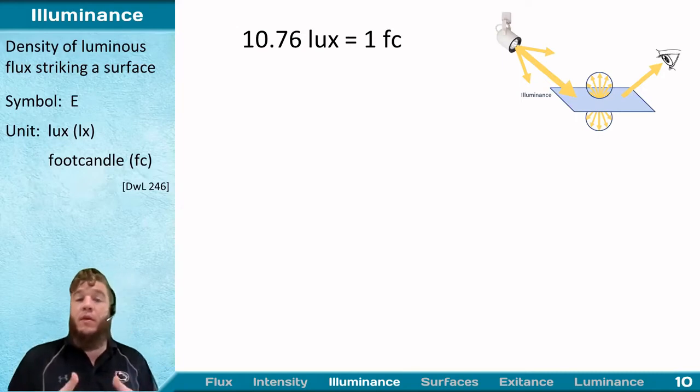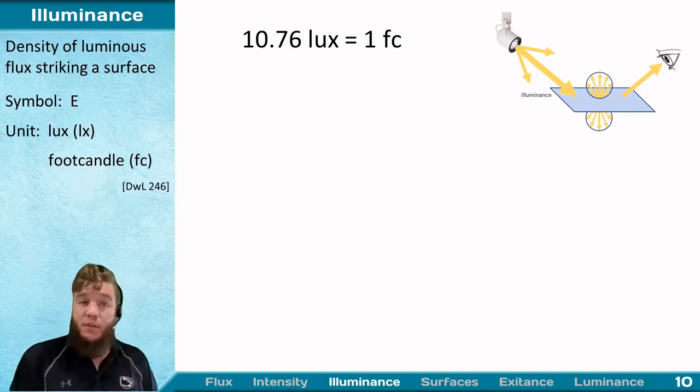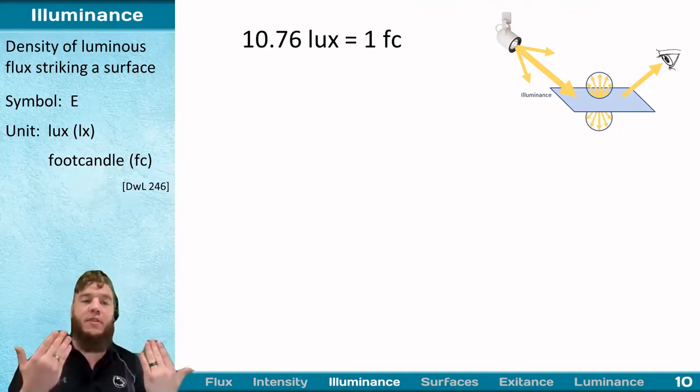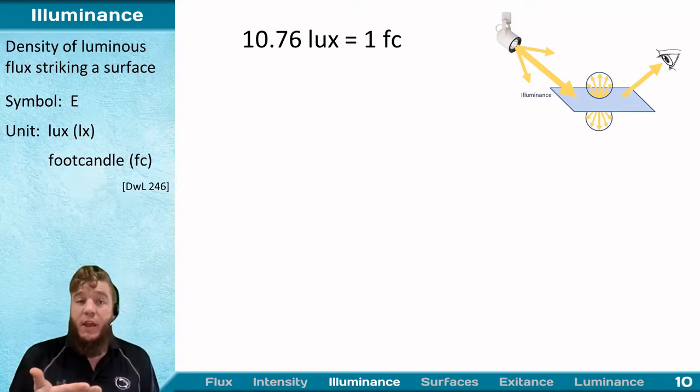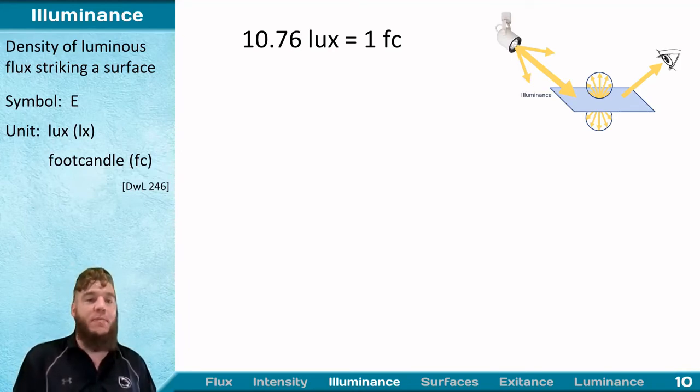Illuminance. Now we're getting back to surfaces. And so illuminance is our first measure directly of a surface, and that is specifically the density of luminous flux striking a surface, or the lumens on a surface area. The symbol we're going to use for this is E because we already used I for intensity.